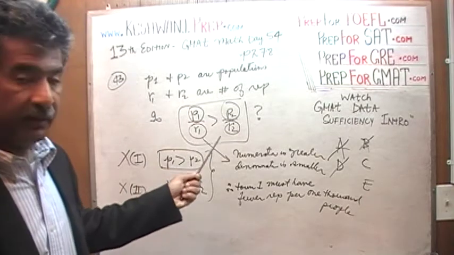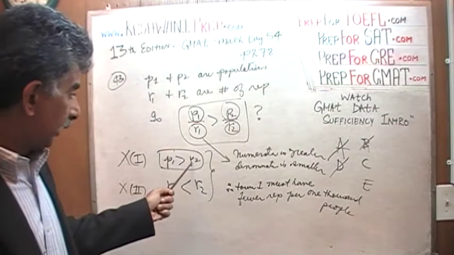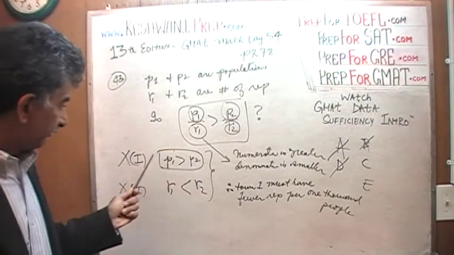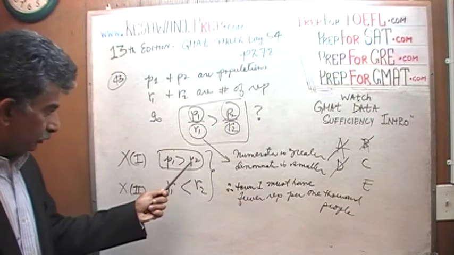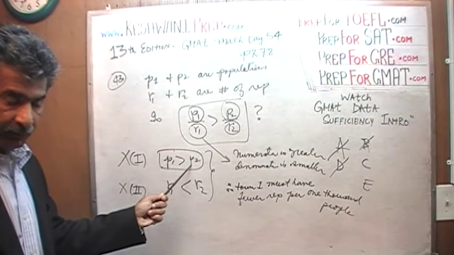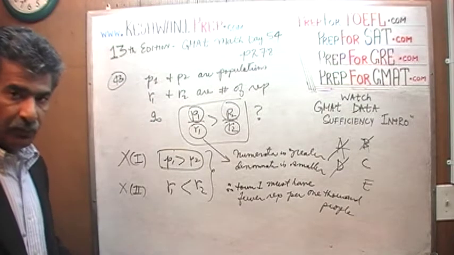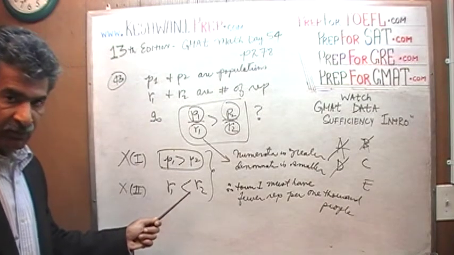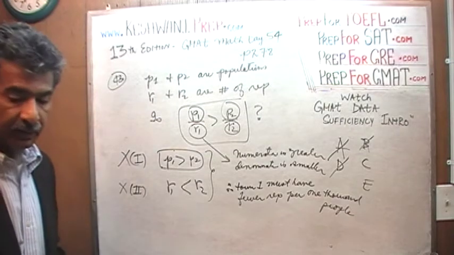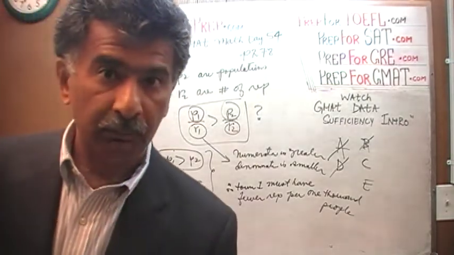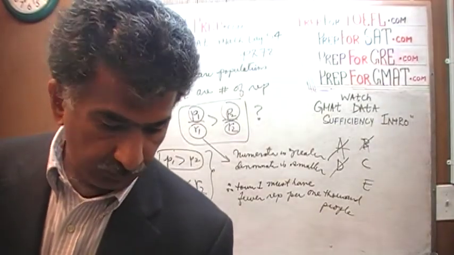Or the other way around, if you want to look at town 2, we are told it has a smaller population. The first statement tells us that P1 is greater than P2, which is the same as saying that town 2 has a smaller population, and yet it has more representatives. If it has a smaller population and more representatives, then it must have more representatives per 1,000 population. Therefore, we are able to tell which ratio is greater.